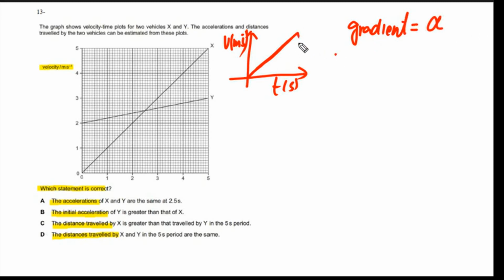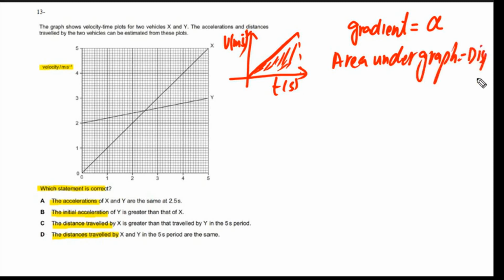How about the area under this line? The area under the graph in this case will be equal to displacement. Distance and displacement are the same, as these two bodies are moving in a straight line.